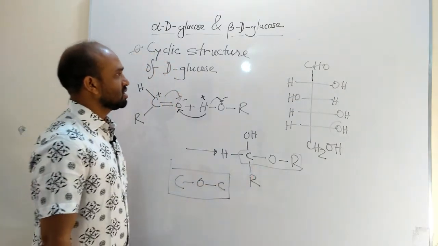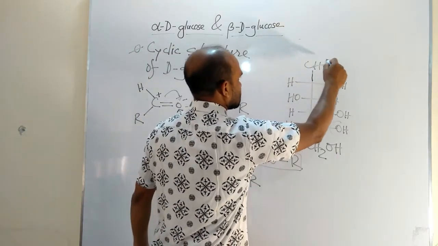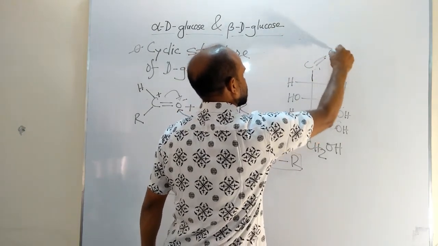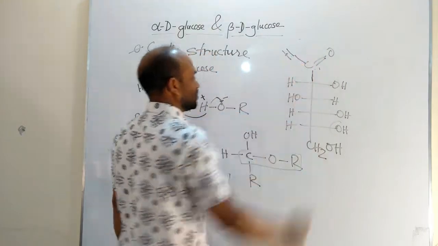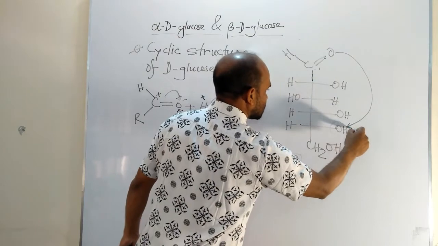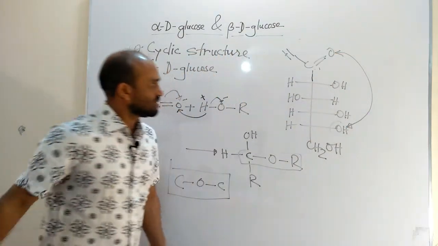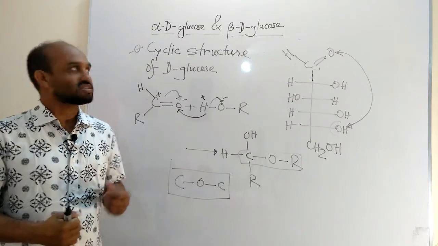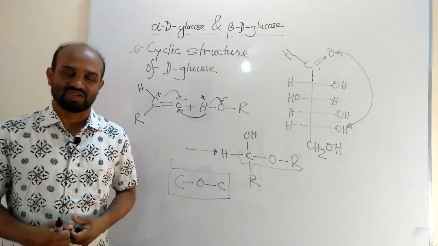Similarly, here there is a carbonyl group and an alcohol group. So an intramolecular reaction happens here, and we will get the cyclic structure of D-glucose.